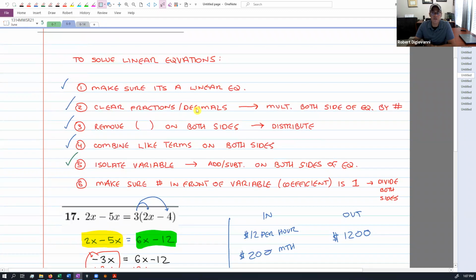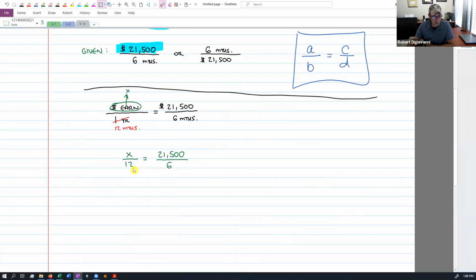Clear fractions. That's what I'm going to do next. So I look at the fractions. I have 2 denominators, a 12 and a 6. So I find the LCD, least common denominator, which would be 12. I'm not going to go through those steps, but I'm going to assume that you could figure out that 12 is the smallest multiple of both of those.